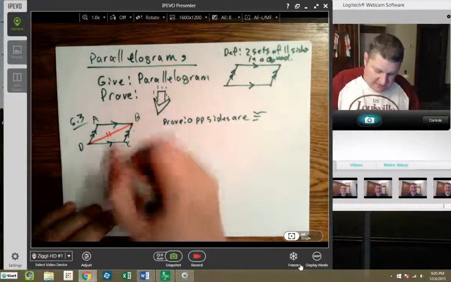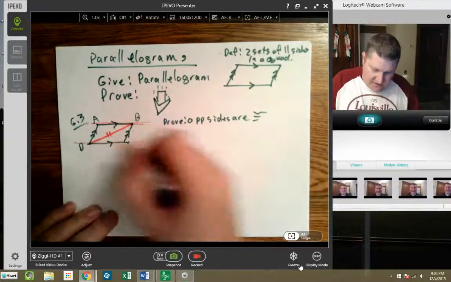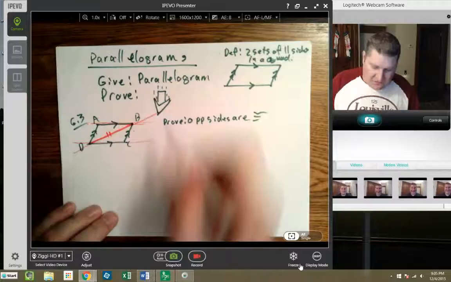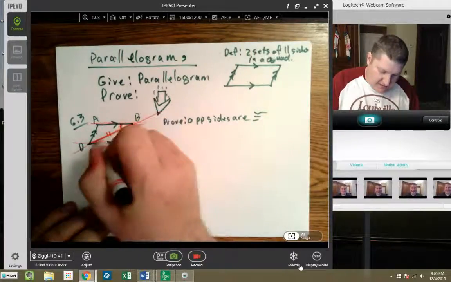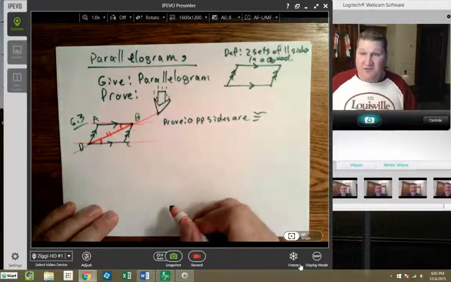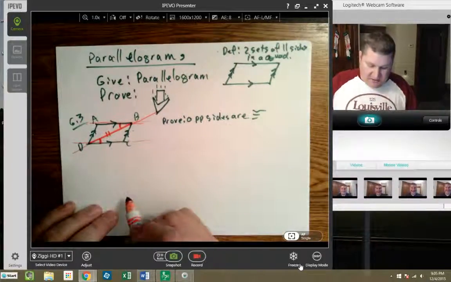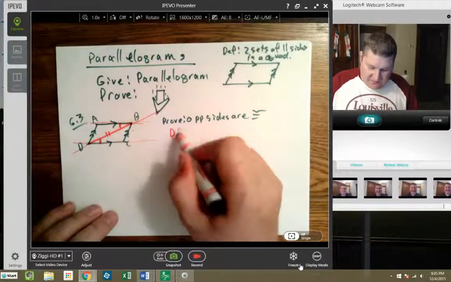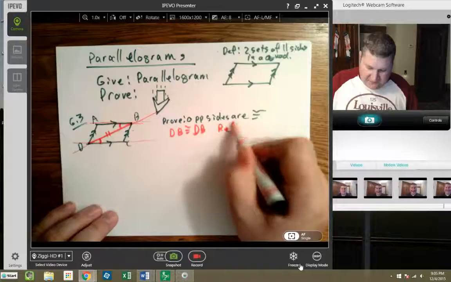Now, the nice thing about that is I now have this cut by a transversal, which means this angle and this angle have to be congruent by alternate interior angles. So I have DB congruent to DB, reflexive.